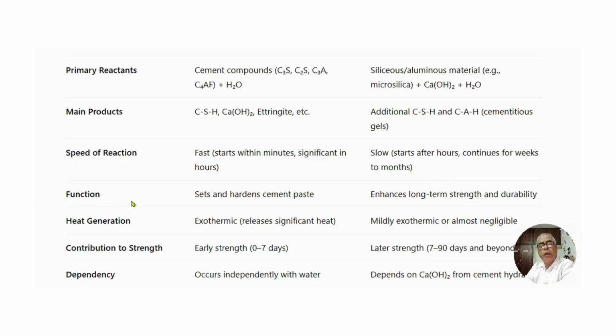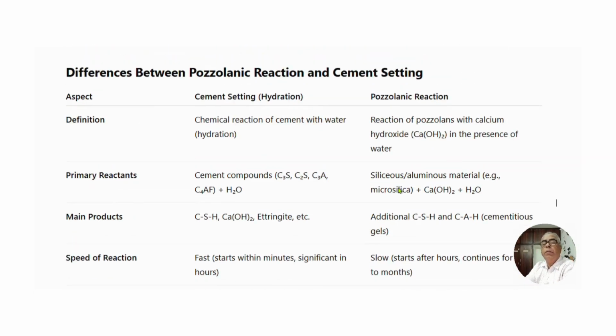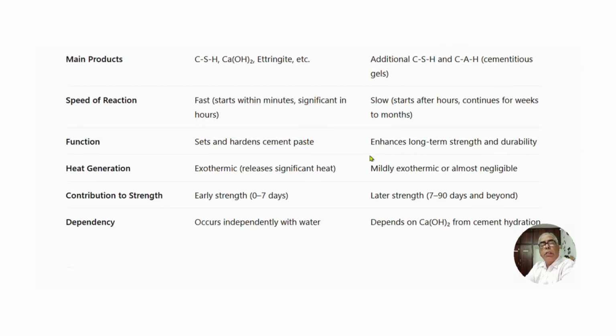And when we discuss the function of these two types of reaction, that is cement setting and the pozzolanic reaction, cement setting is setting quickly and it hardens into a paste form, that is cement paste. Whereas the pozzolanic reaction enhances long-term strength and durability.